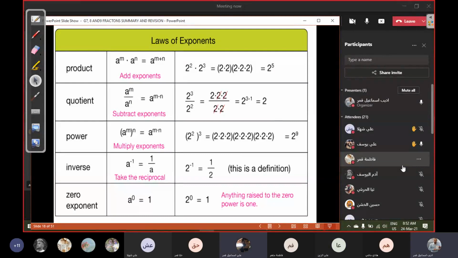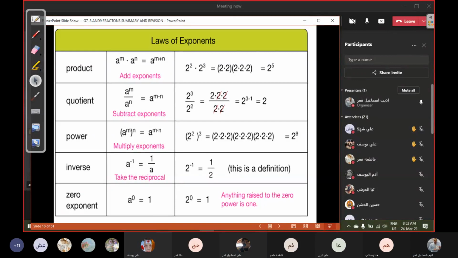How much does 2 to the power 3 equal? 2 times 2 times 2. Continue.